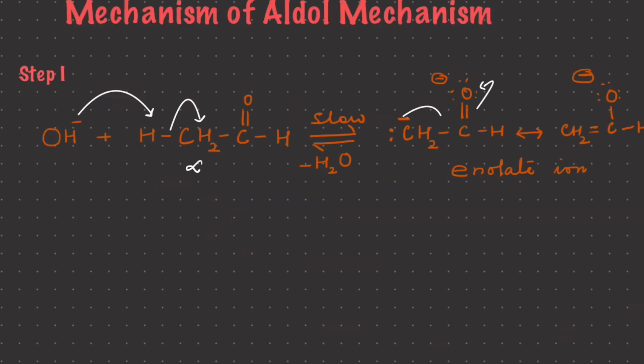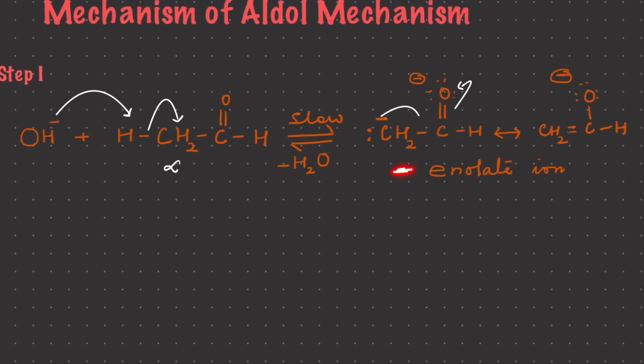For writing the mechanism, step 1 has this OH coming from the base, and it helps in abstraction of a proton. This is an acidic proton. Why is it acidic? Because of this conjugation with the carbonyl oxygen, this H is easy to break, it forms H2O and you are left with an enolate, because there is a double bond also.